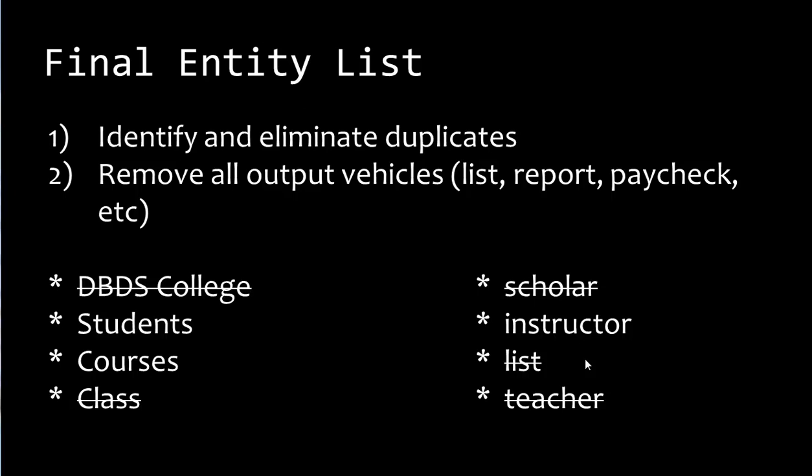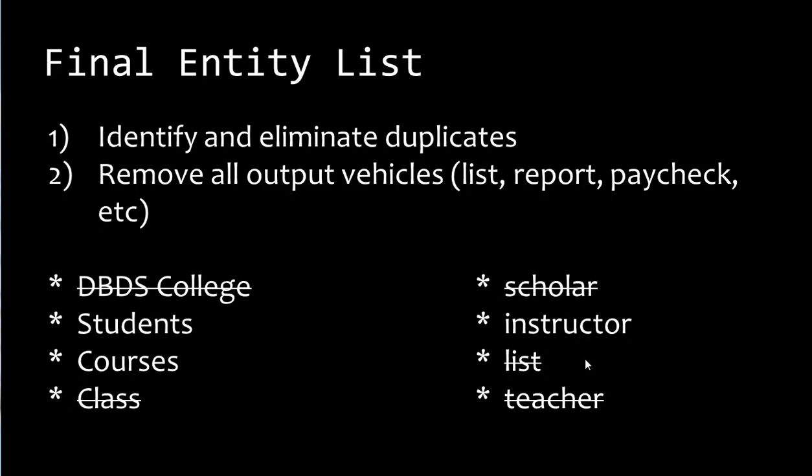And if you recall, going back to our steps going through database design, our entities are going to end up being tables in our database. So thus, we wouldn't have a table for DBDS College. It would be the database for DBDS College. So kind of a one-off there, but I hope you understand what we're doing.